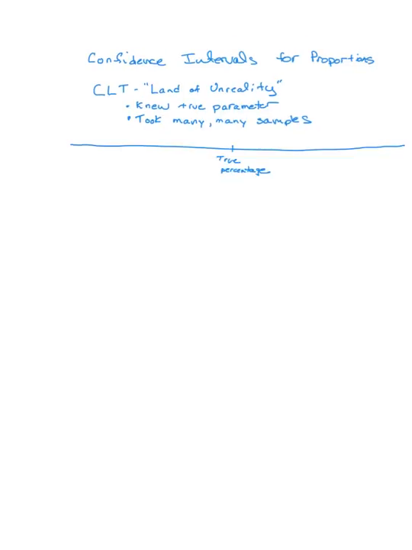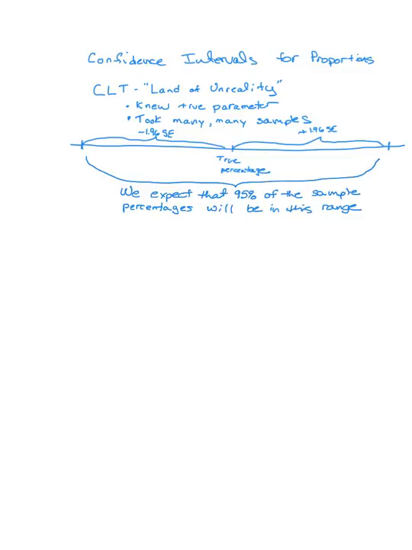And the central limit theorem told us that when we have a population and we know the true percentage, and we take many samples, because we know that those sample percentages are normally distributed around the true percentage, if we go out 1.96 standard errors in both directions, we can say that we expect 95% of the sample percentages will be in this range.